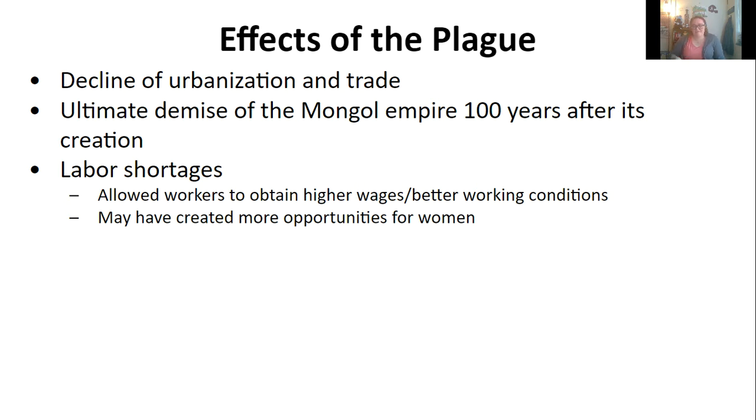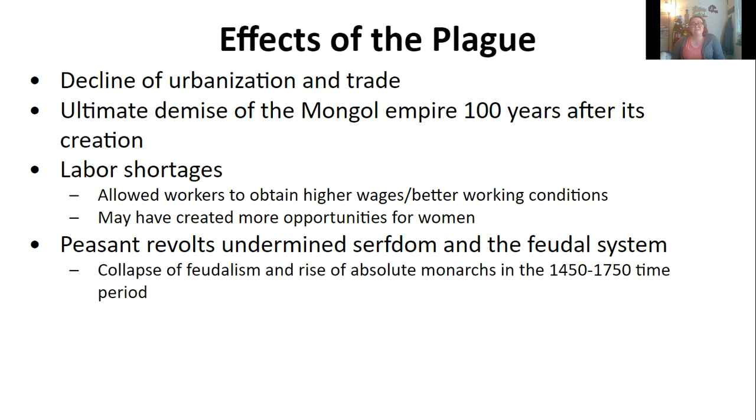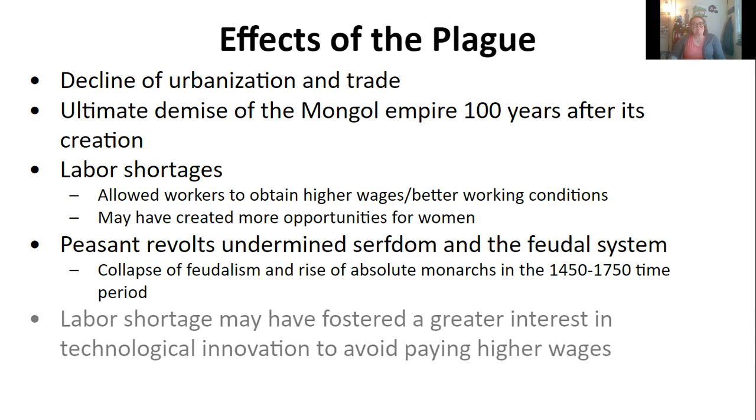So women found their voice and could also earn money. So because of these peasant revolts, it undermined this whole idea of serfdom in the feudalism system in Europe. So you saw the collapse of feudalism and the rise of these absolute monarchs. Wah, wah. Guess what we're talking about next?